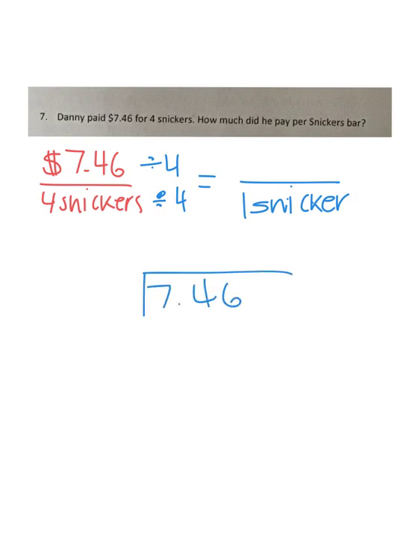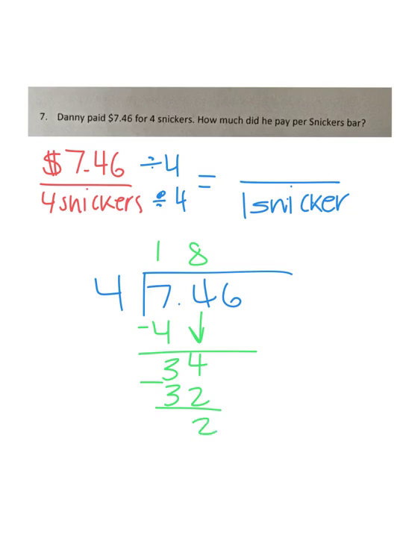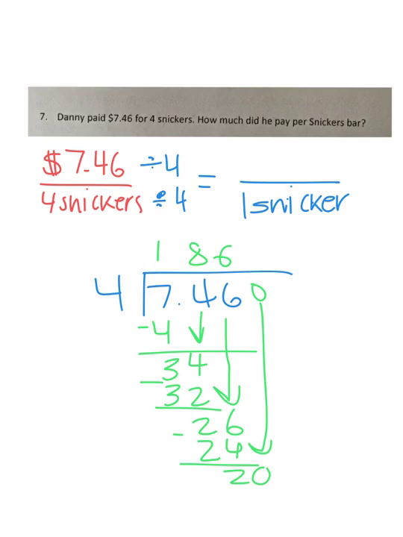$7.46 divided by 4. 4 goes into 7 1 time. Bring down your other 4. 4 goes into 34 8 times. Bring down your 6. 4 goes into 26 6 times. And add a 0. Bring it all the way down. 4 goes into 20 5 times perfectly.